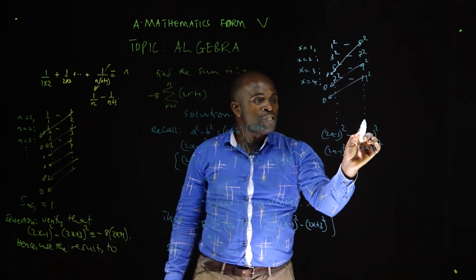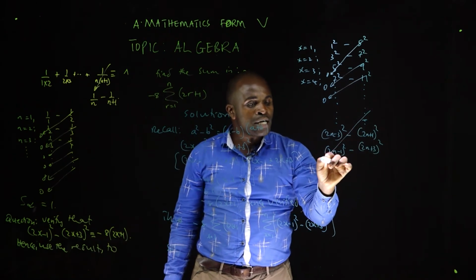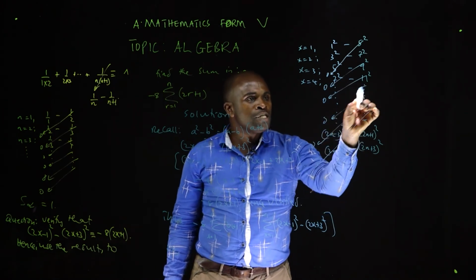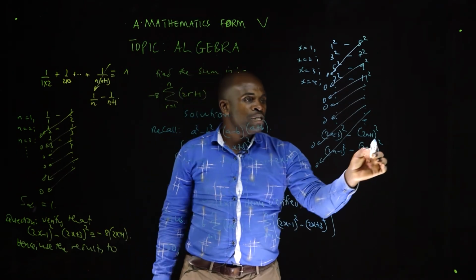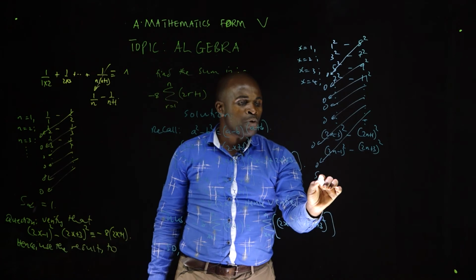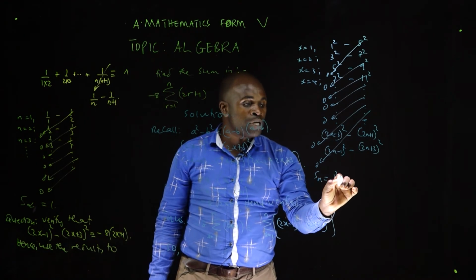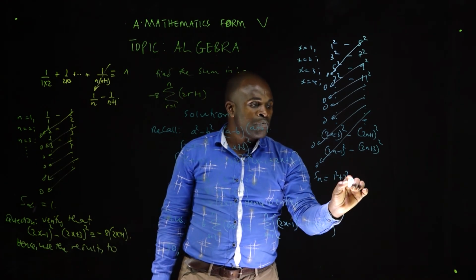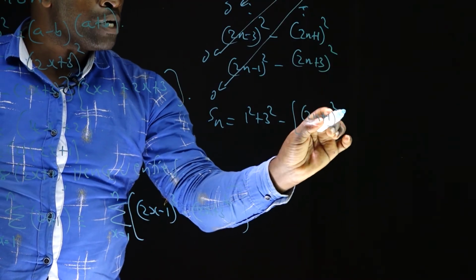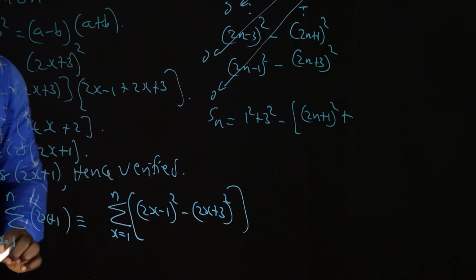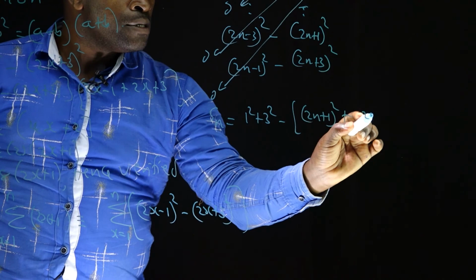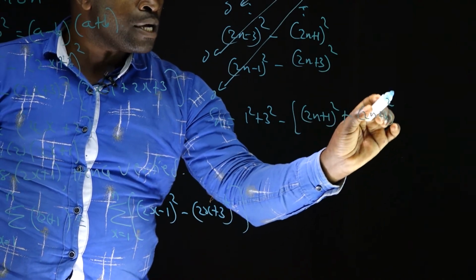So the term which is here is strictly cancelling with this, and the other one cancels. So all terms in this part cancel, remaining with only this one. Therefore the sum of n terms becomes 1 squared plus 3 squared minus (2n plus 1) squared minus (2n plus 3) squared.